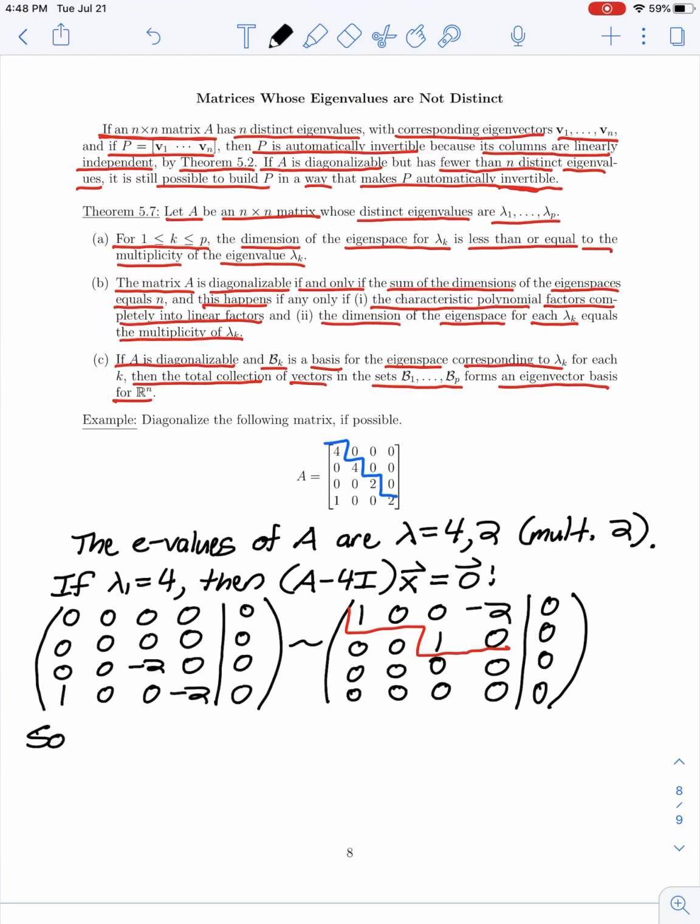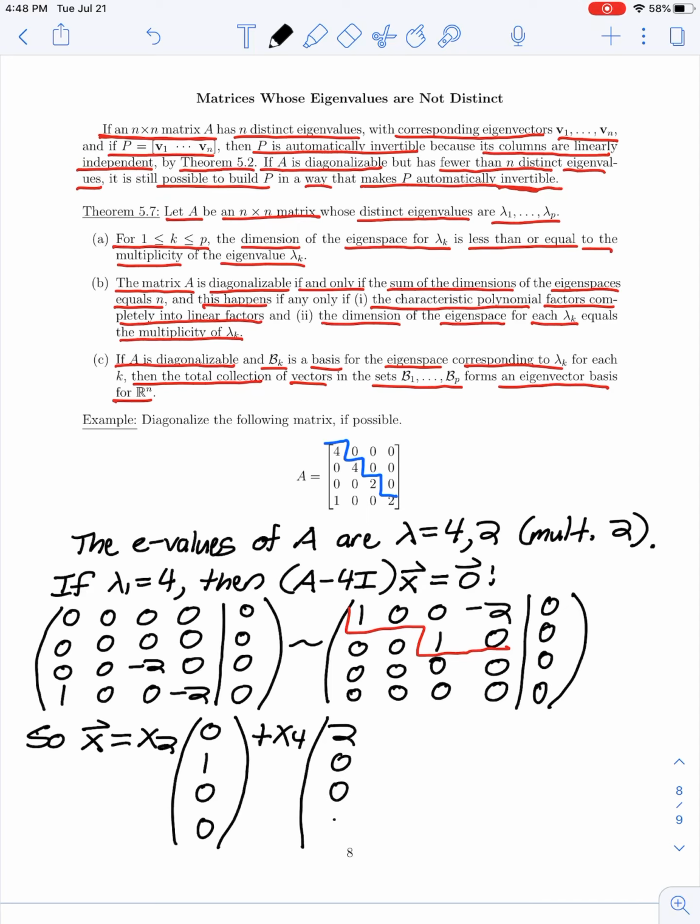So our set of solutions would be vectors of the form x2 times 0, 1, 0, 0 plus x4 times 2, 0, 0, 1.